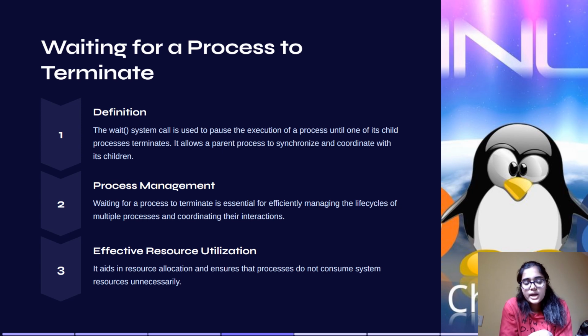Waiting for a process to terminate is essential for efficiently managing the life cycles of multiple processes and coordinating their interactions. Third is effective resource utilization. It aids in resource allocation and ensures that processes do not consume system resources unnecessarily.